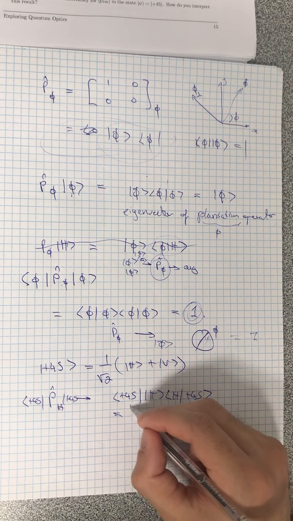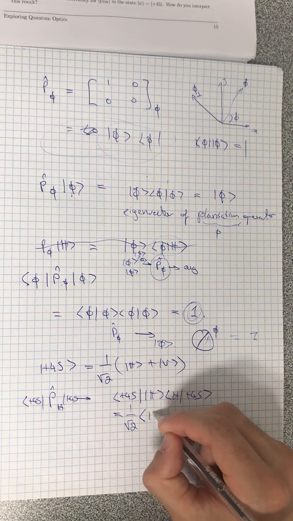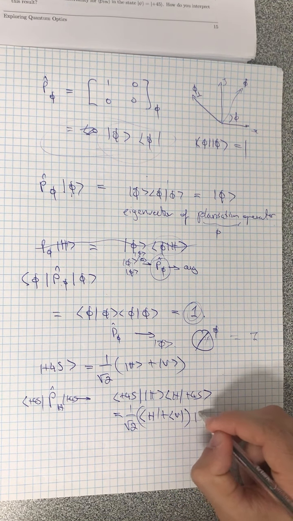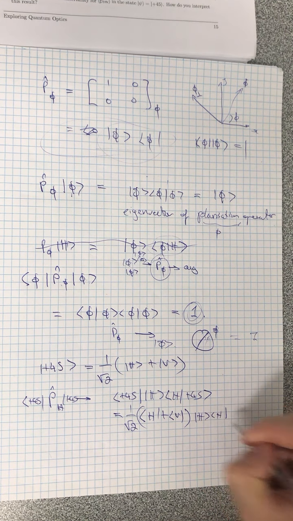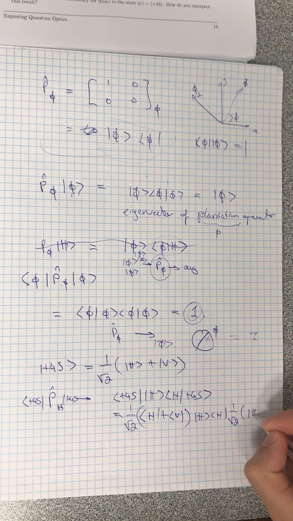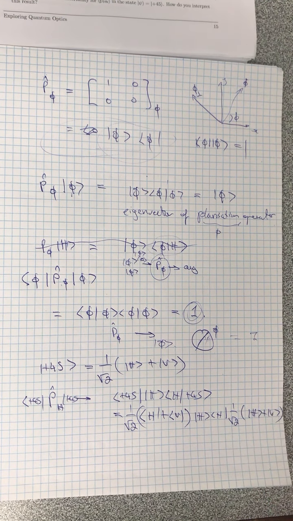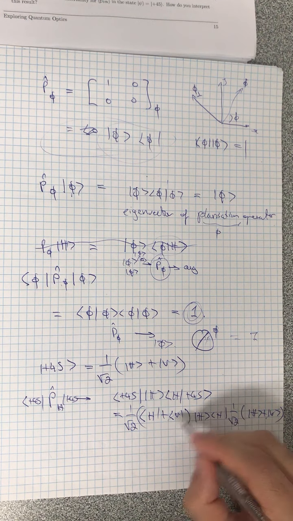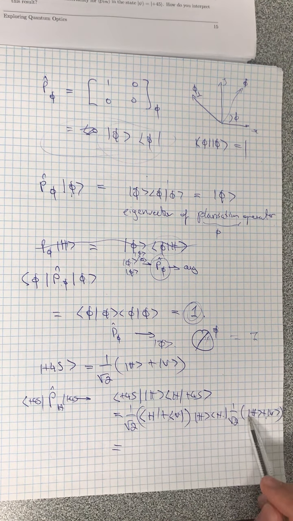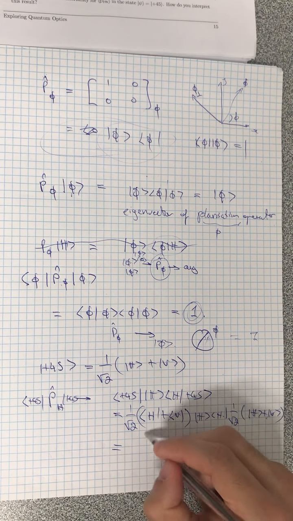Okay, so we can write that out. This dotted with V, the inner product of V and H is 0, so we just neglect them. Then we've got an H and H is 1, and an H and H is 1, and these two times together, so we get half.